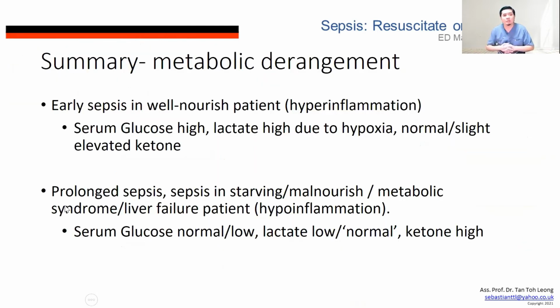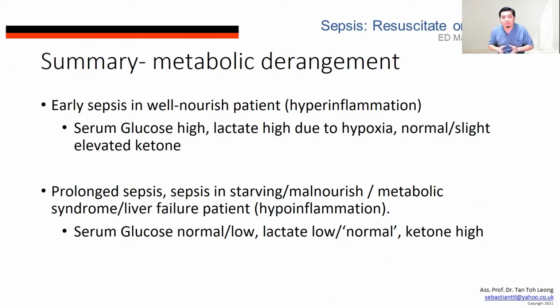So, summary: when a patient has early sepsis and is well nourished, in a hyperinflammatory state, the serum glucose is usually high, and the lactate is also high due to hypoxia if the patient has hypoperfusion or hypoxia, and there is normal or slightly elevated ketone.